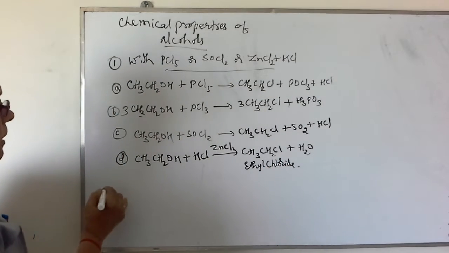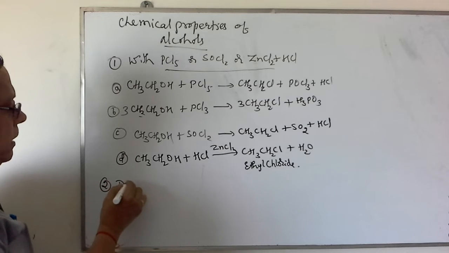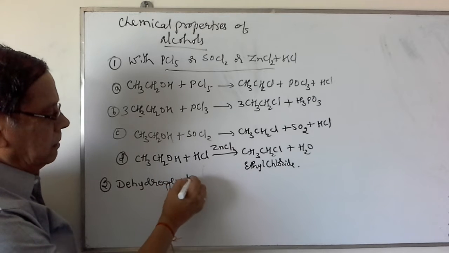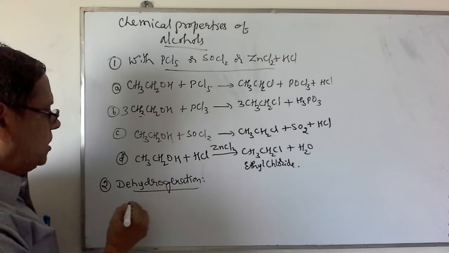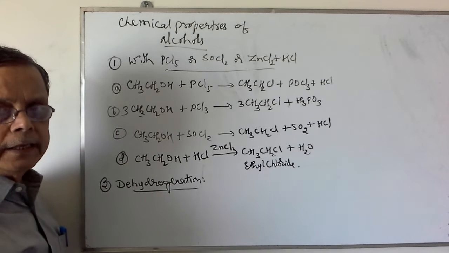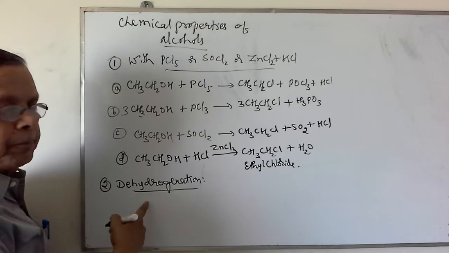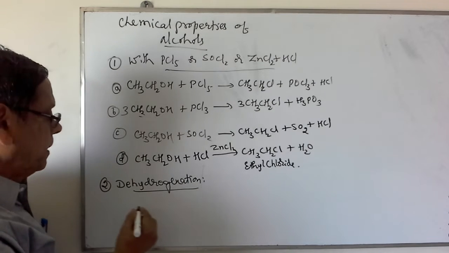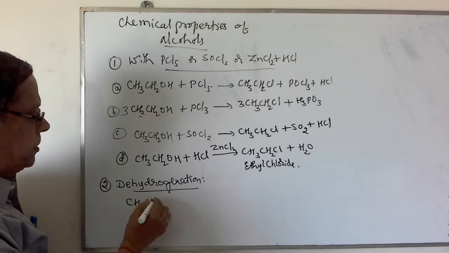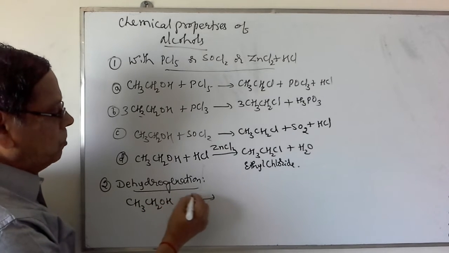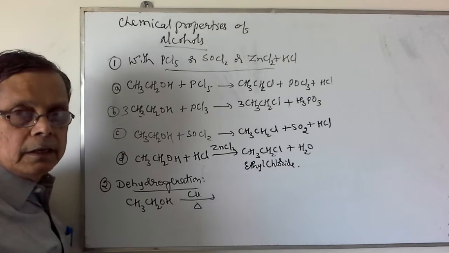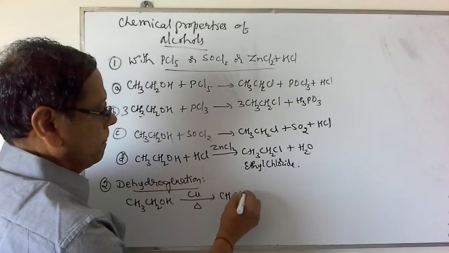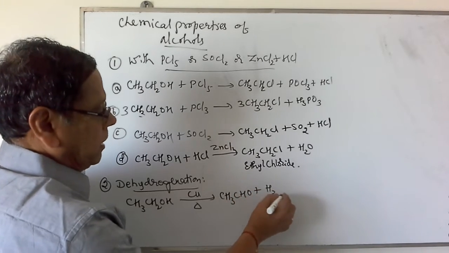The next reaction is the dehydrogenation reaction. When you take alcohol vapors, any alcohol for that matter, primary or secondary, and pass them over heated copper catalyst, say CH3CH2OH, it loses a molecule of hydrogen so that it gives rise to CH3CHO plus hydrogen gas.